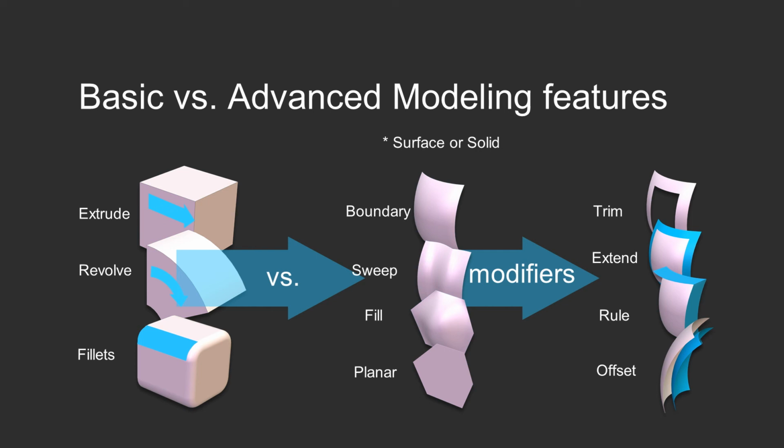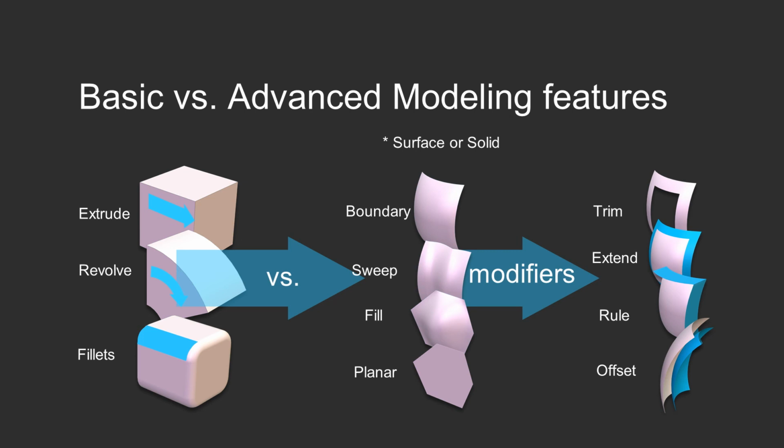When you start to use more of the advanced features like boundary, sweep, fill, planar surfaces, you can use those, by the way, in both a solid or a surface mode, but they take many more features to create. You can get much more exotic and swoopy shapes from them, but they're not basic modeling.